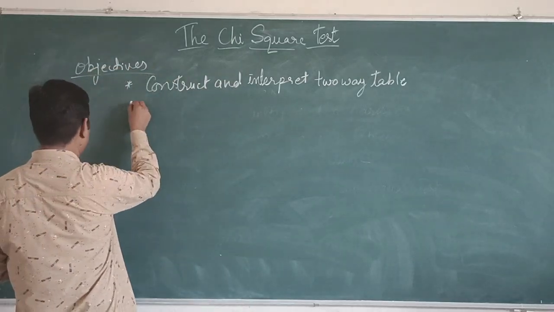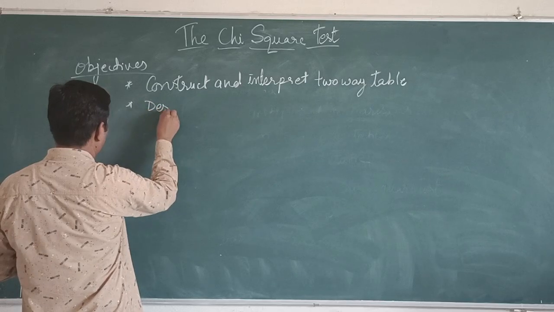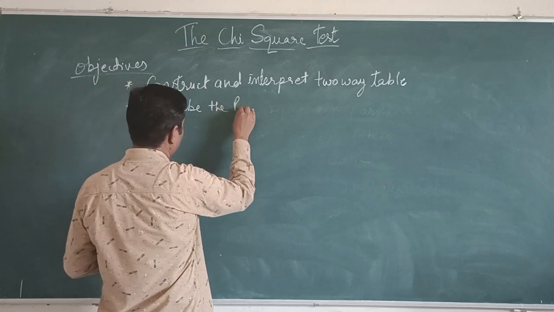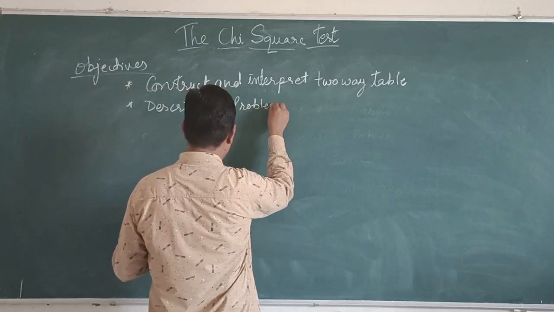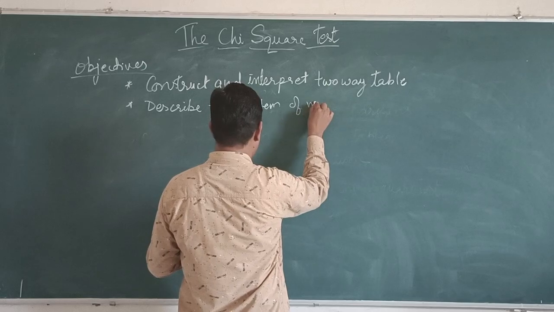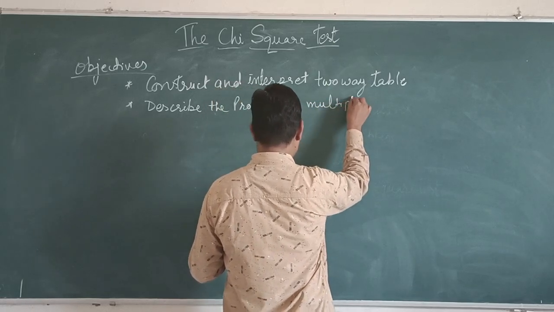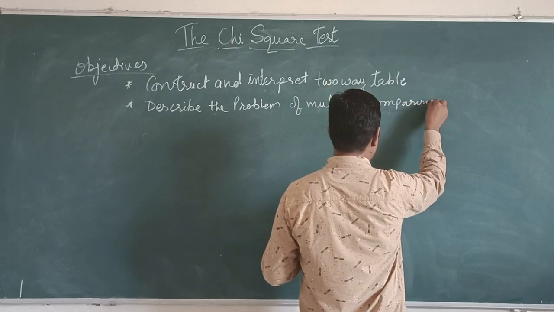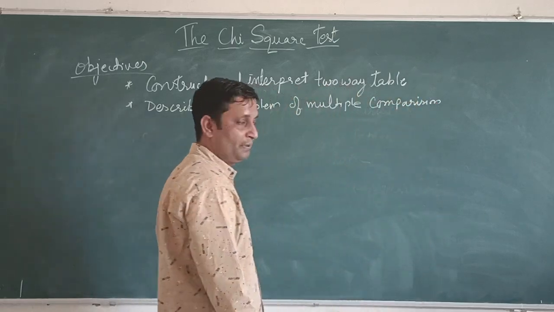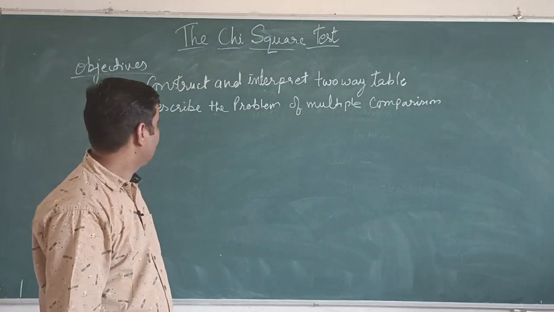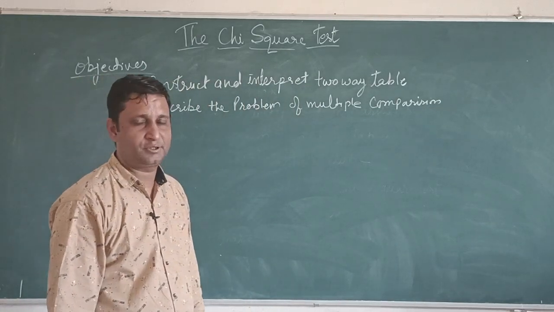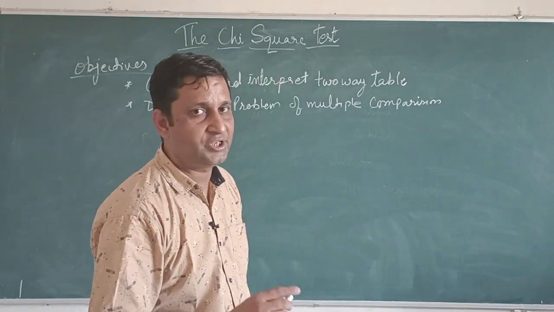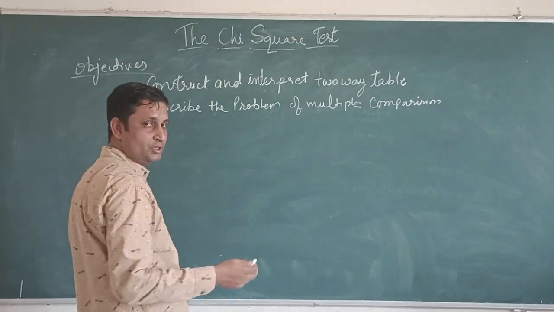Second one is to describe the problem of multiple comparison. Describe the problems of multiple comparisons, because when we put various methods in the same table, it will be easier to describe their problems.